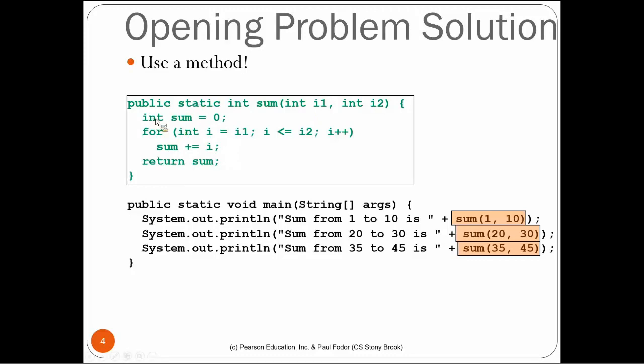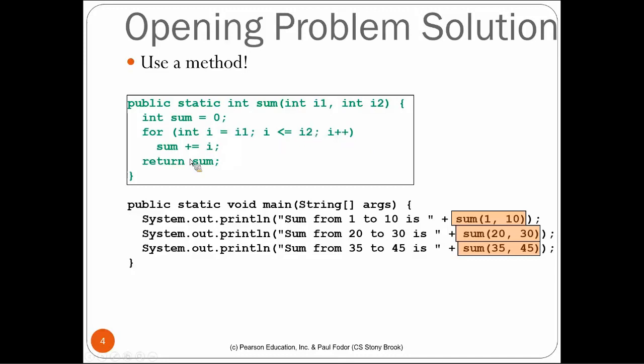Any variable that you are using in this method, you should define within the method, like we define sum equal to 0. For every I, an integer again, a local variable, starting with the value I1, the low range for this sum, as long as I is less than or equal to I2, we increment the sum with the value of I, and the action after each iteration is to increment I with 1.